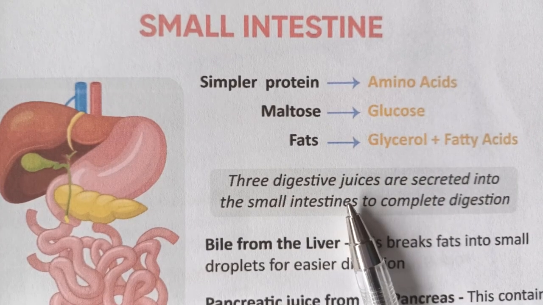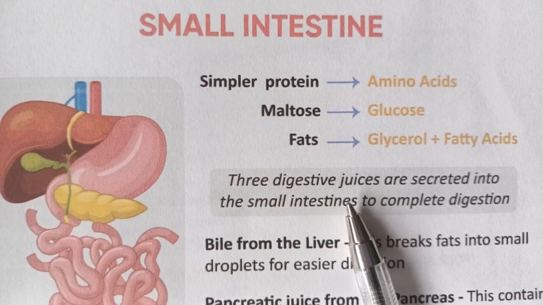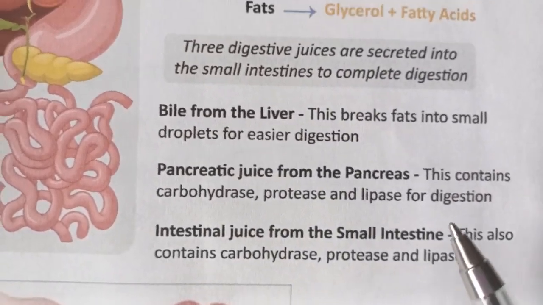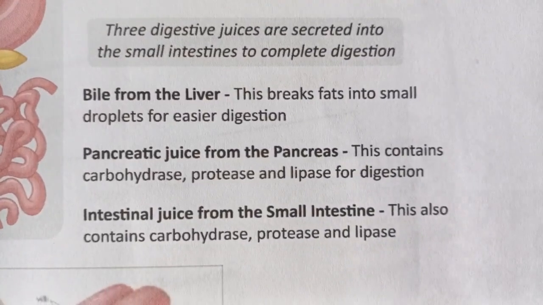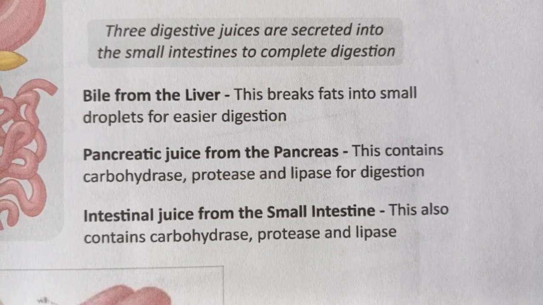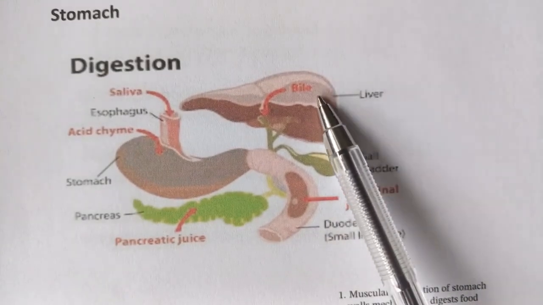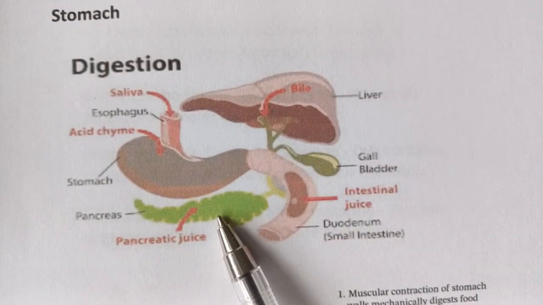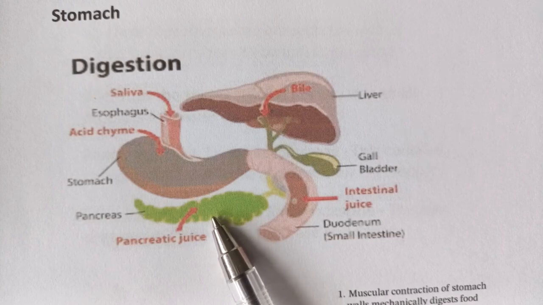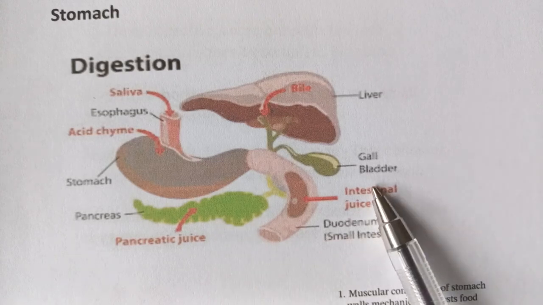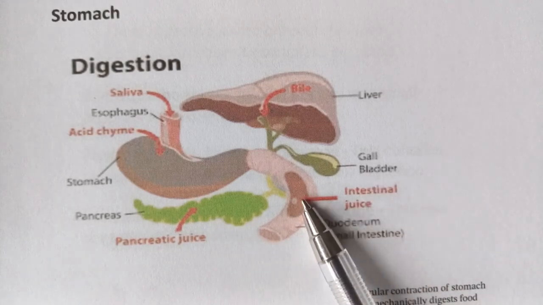This is a very important function, and for this to happen, the small intestine receives different juices for digestive function. It receives juices from the liver and from the pancreas. If you look at this diagram, juices from the liver, juices from the pancreas, and it also secretes its own juices. These are intestinal juices.